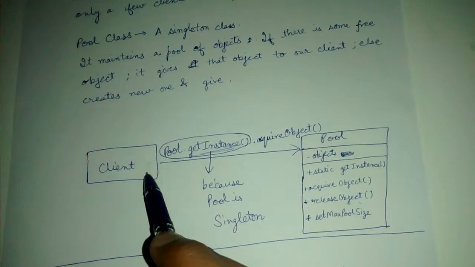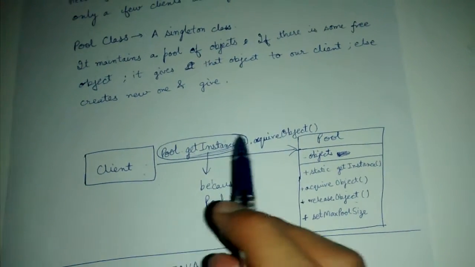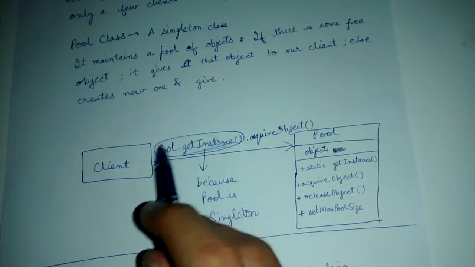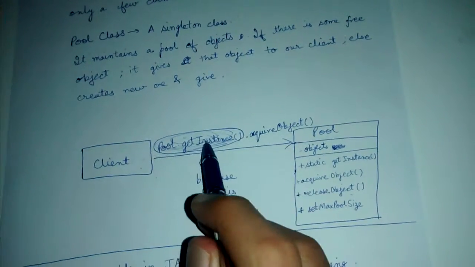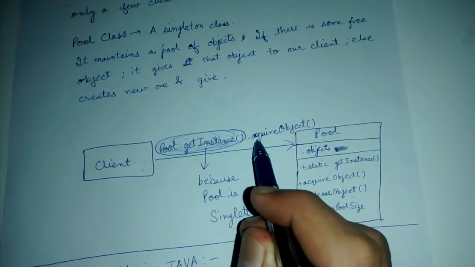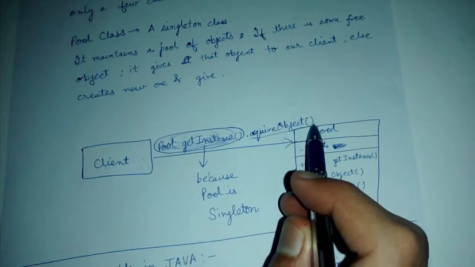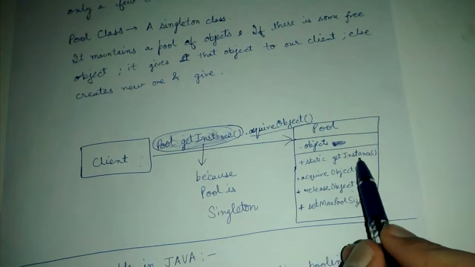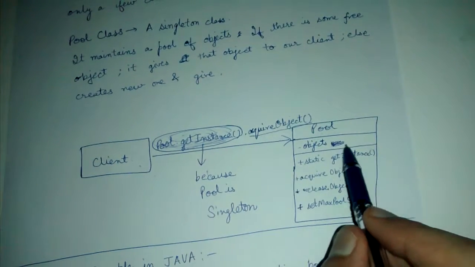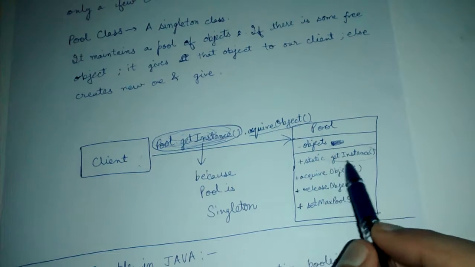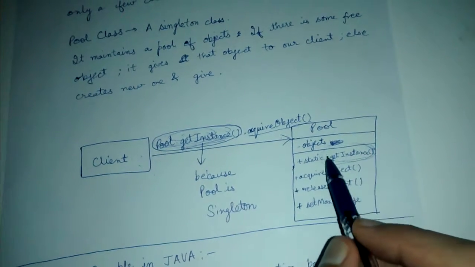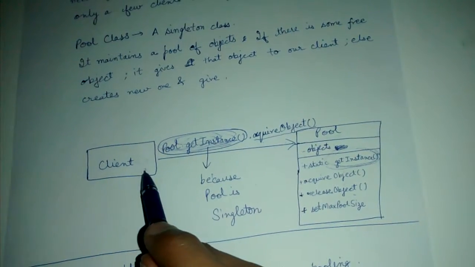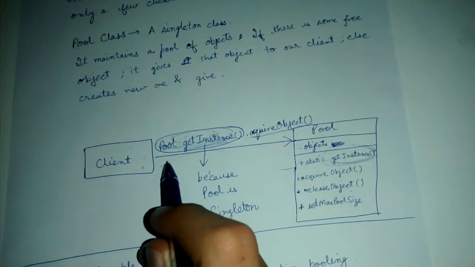Whenever a client requires an object, it says to the pool. It first gets an instance of the pool because it's a singleton. And then it says, I want to acquire an object. So the pool is maintaining a group of ready-made objects. It just gives the client one of the ready-made objects if it's free.